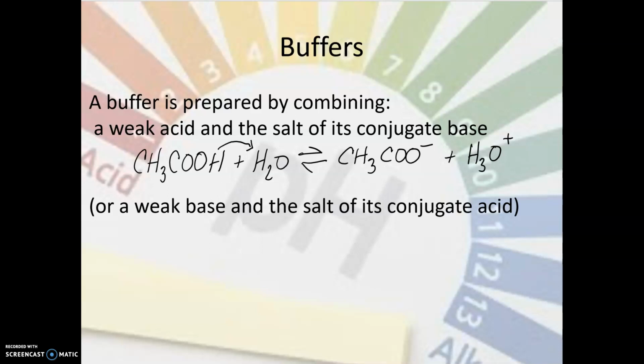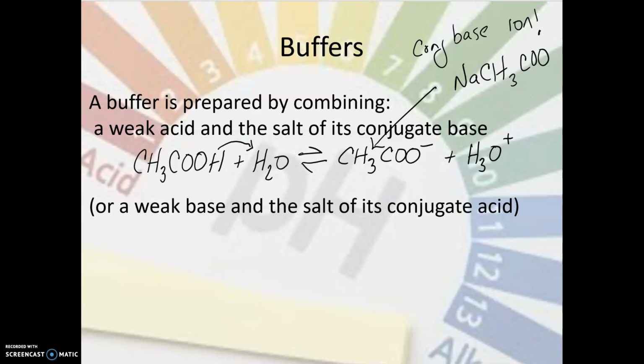And our conjugate base is this acetate ion. So if we have, from our stock room, some sodium acetate or some other soluble acetate salt, we can add that to our acetic acid solution. And now not only do we have quite a bit of our acetic acid, we also have our acetate ion. And that's really important for our buffer solution as we move forward and talk about how it works.